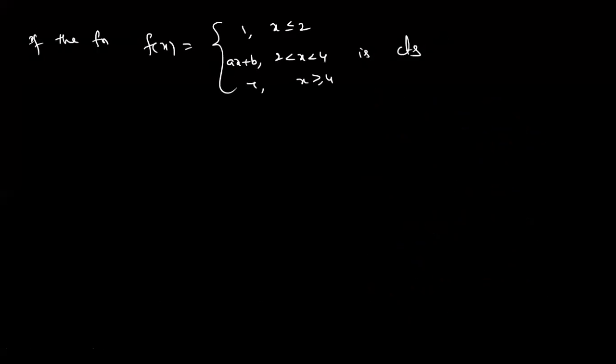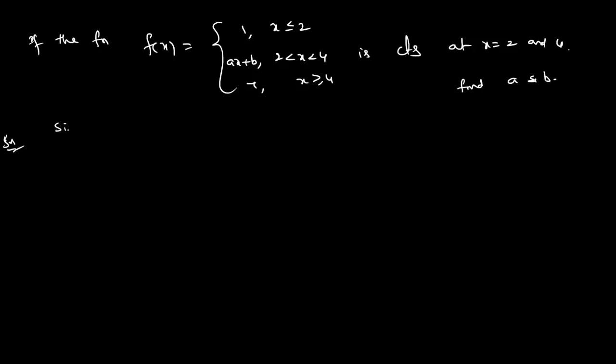The function f of x is defined like this: for x less than or equal to 2 it is 1, for 2 less than x less than 4 it is ax plus b, and 7 for x greater than or equal to 4. It is continuous at x equal to 2 and 4. Find a and b. Anyone, how to find? Tell me.